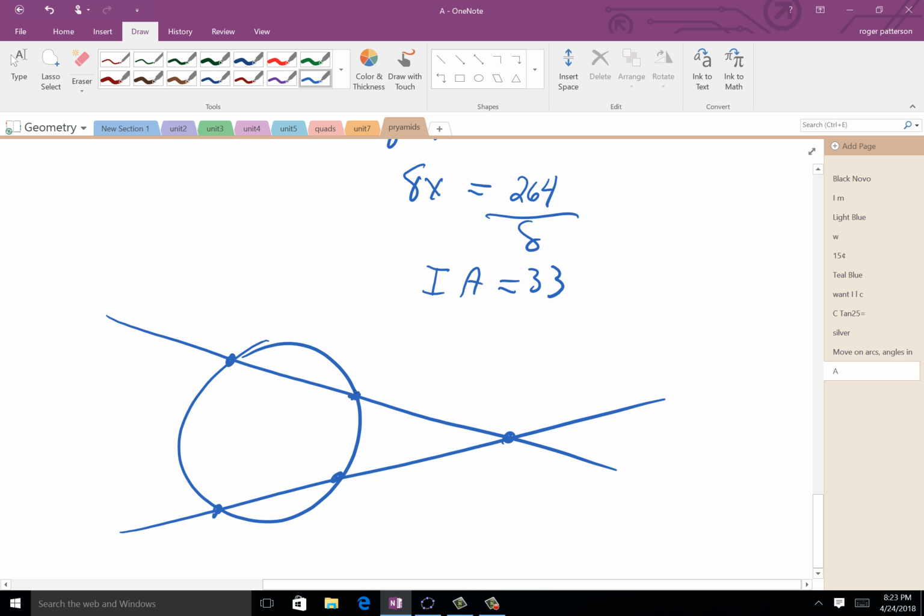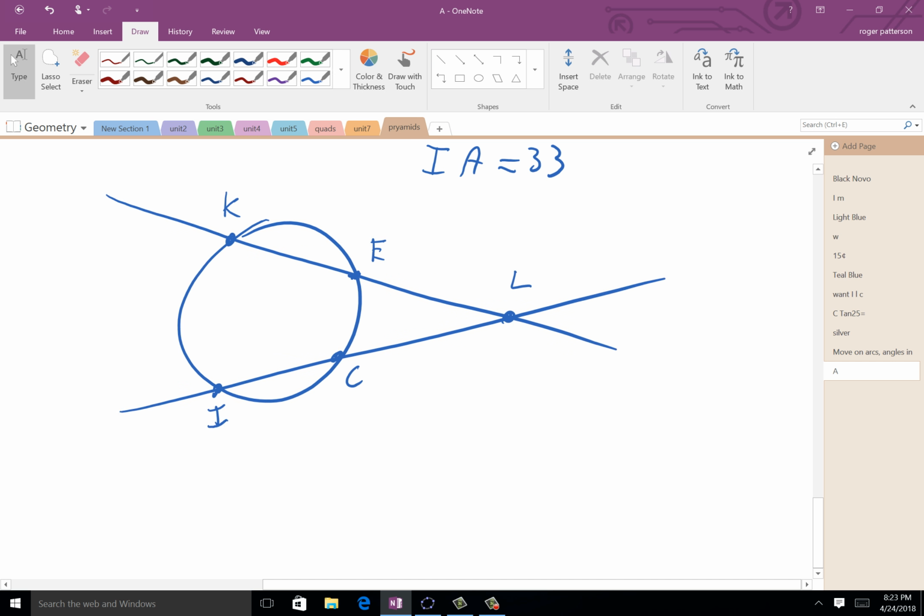Okay, let's do another one here. This time let's talk about the arcs. So let's say we make this one here 140. We'll make this one here 50. And we want to find that angle right there. Okay?